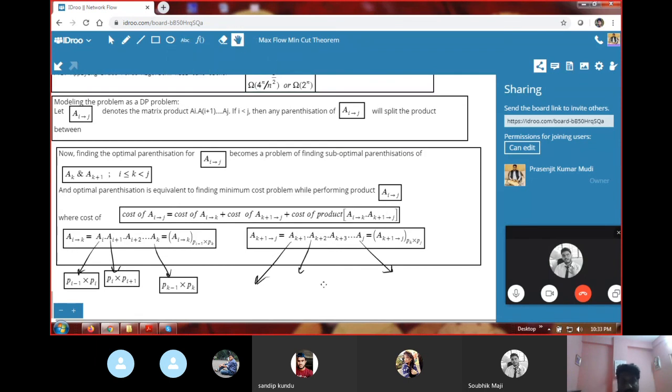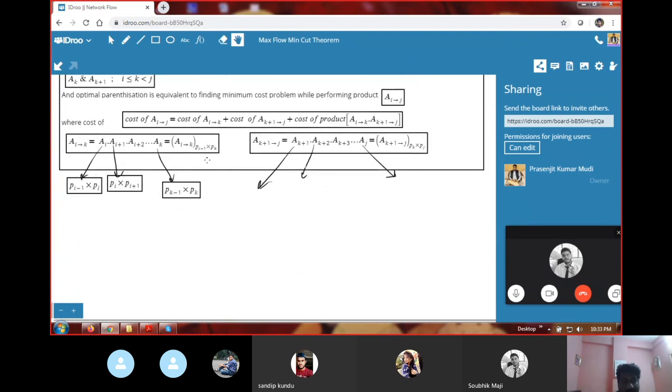So hence in the next line we have the revised cost definition.